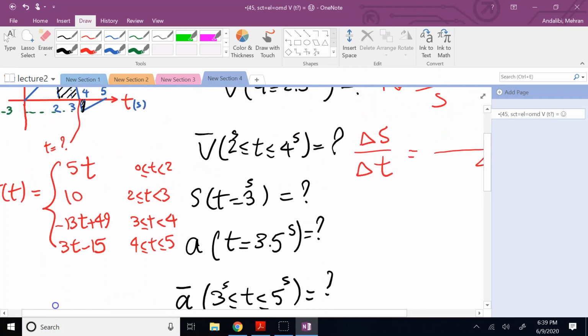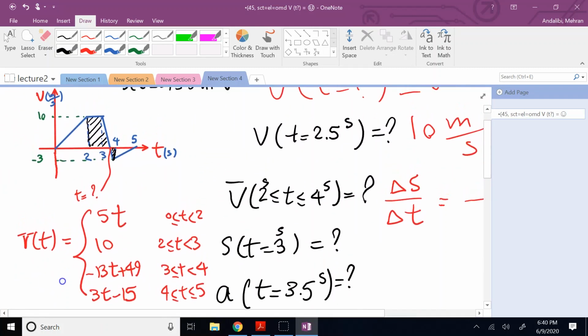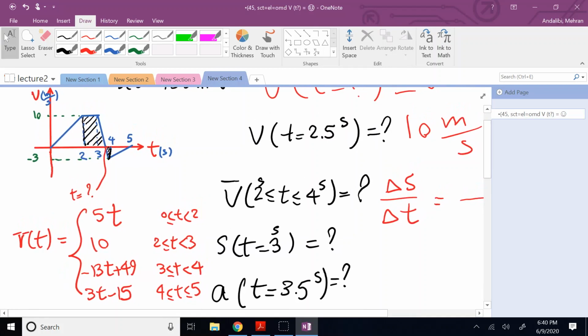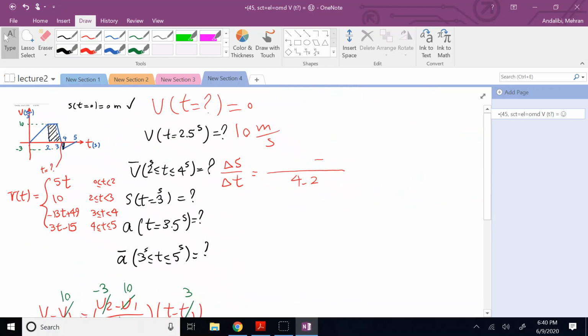So this is the equation of the velocity versus time. If I convert that graph into math, this red one is what I would get. Okay? Now, let's go back. Sorry.